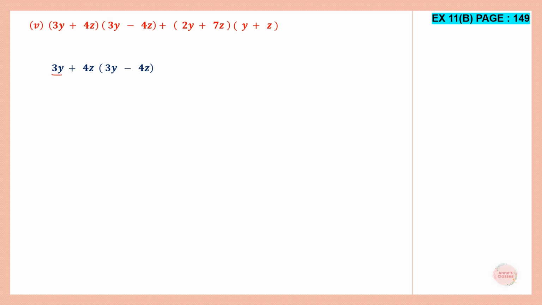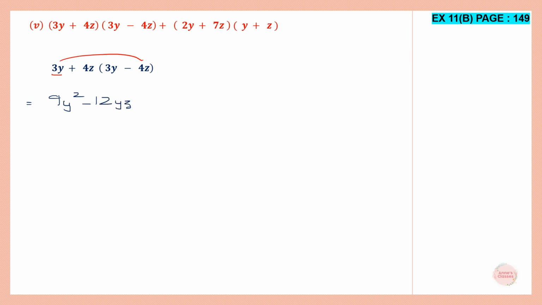So let's do that. 3y first into the first term, so that is again 3y. 3 3s are 9. y into y is y square. Now we'll go on to the next one. So that is 3y into minus 4z. The sign is minus. Now 3 4s are 12 and y into z is yz.